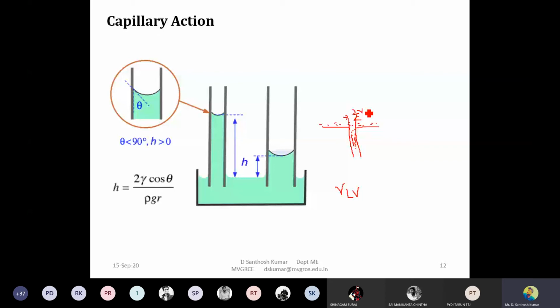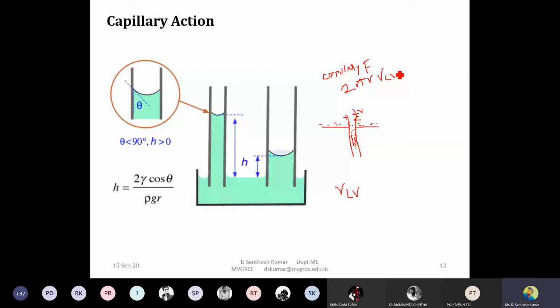This is the capillary force due to the surface tension. We can calculate the capillary force like this: it is 2 pi r into gamma LV.